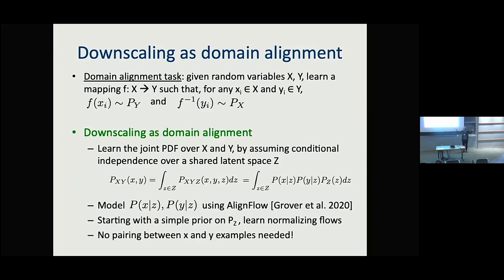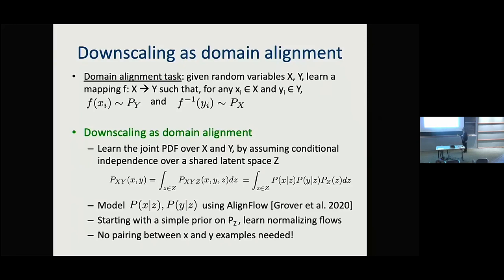So we don't ever need samples from the joint. We don't need paired examples, but we do need data sampled IID from their marginals. And if you were looking at earlier slides where X was example and Y was label, these are just two different random variables.